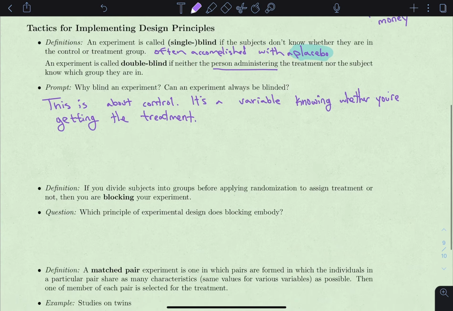The next definition we have is blocking. And blocking is about dividing the subjects into groups before you apply randomization. This is again about control.